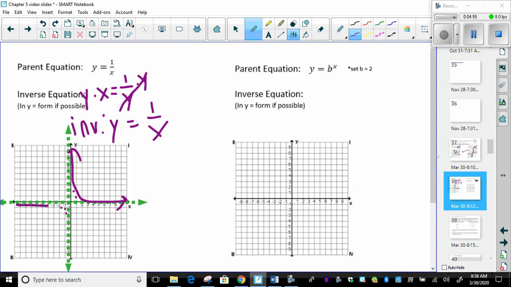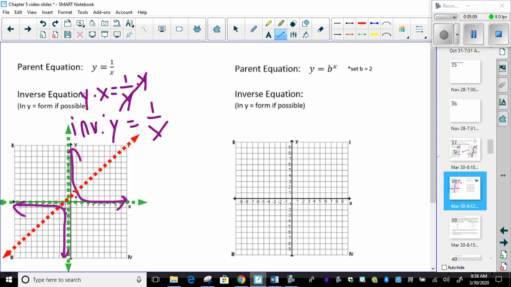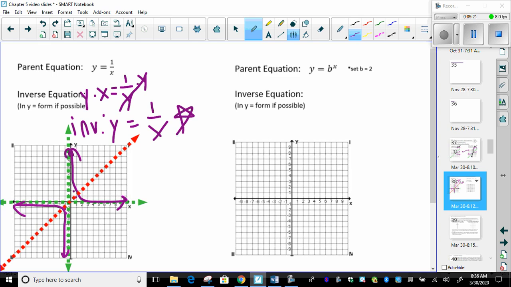Okay, quick sketches. Okay, so there is my original function. Now, if I draw in that line y equals x, I'll use a different color here so you can see it different than your asymptotes. So technically, I should reflect this onto itself, or over the y equals x line, and what ends up happening is it's the same, because this point here reflects over this line, and that's this point here.